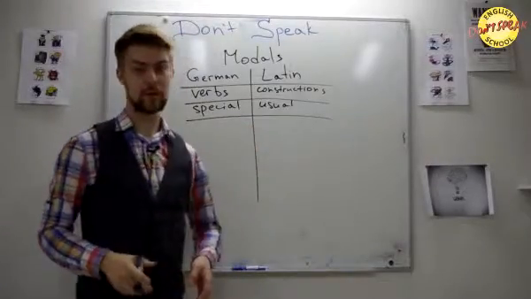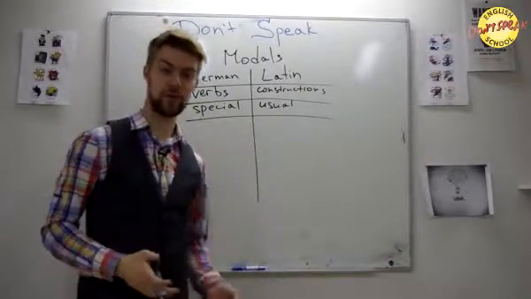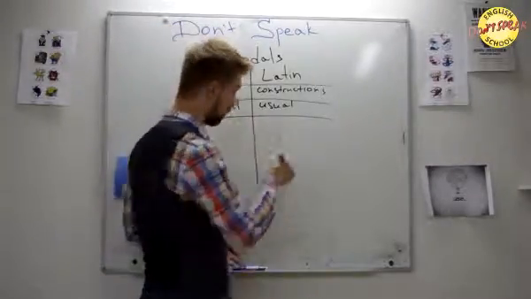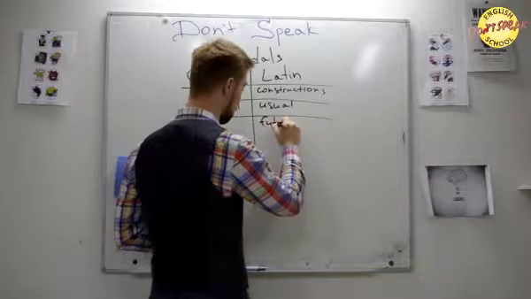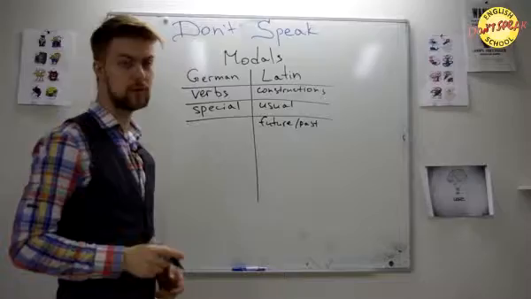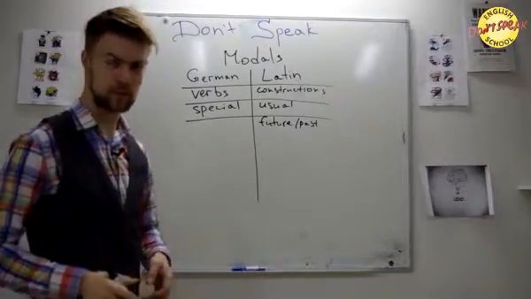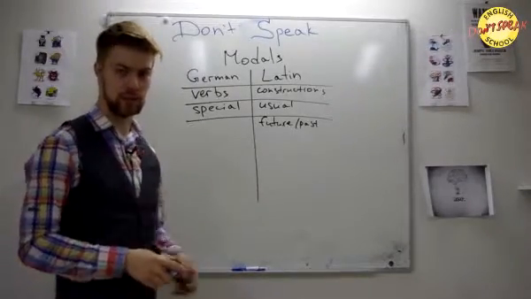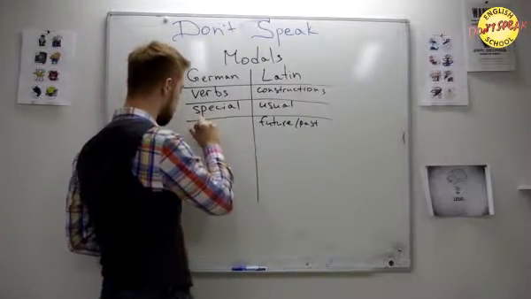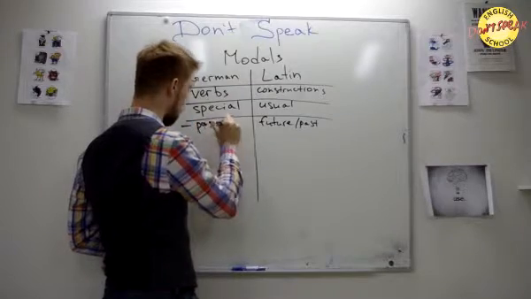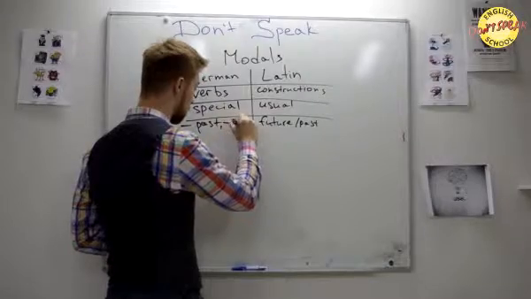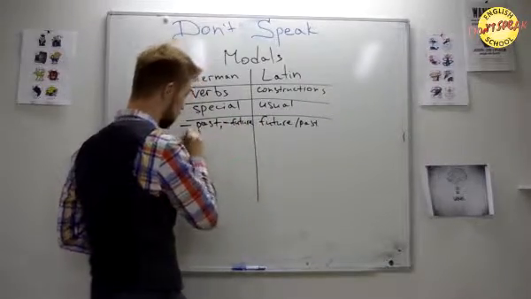Since they are usual ones and the rules applied to them are also usual, they have no problems with different tenses like future or past. That is okay for them. But original German verbs have problems with using them in past and future. Some of them are okay with past, some of them are not, but future is a problem for all modal verbs of German origin.